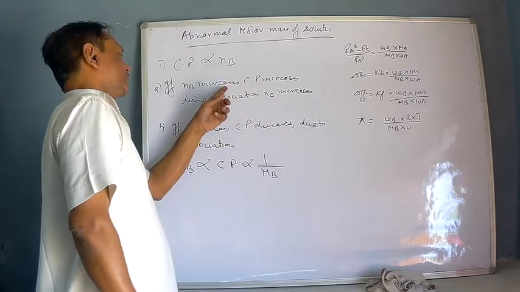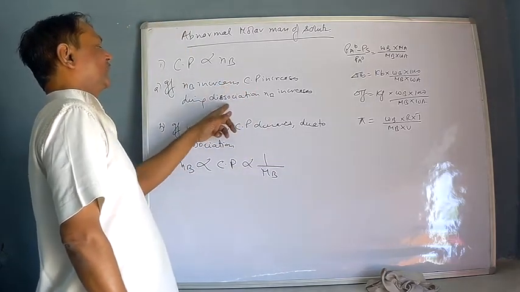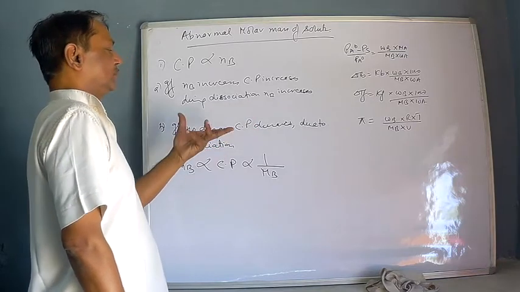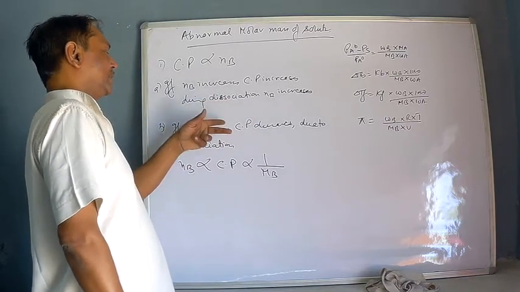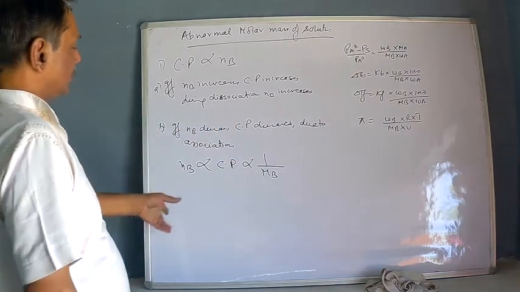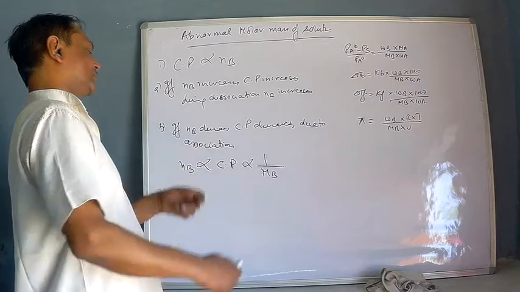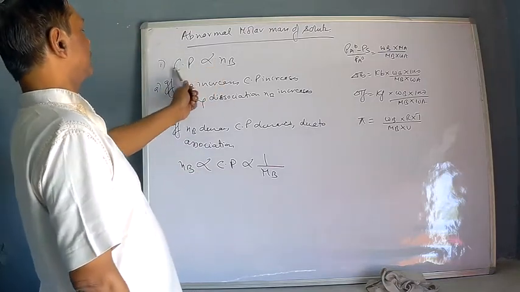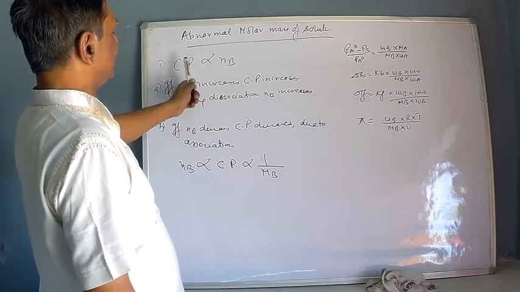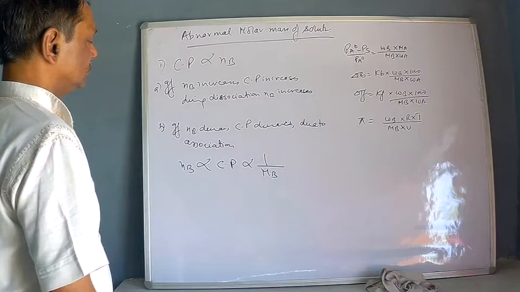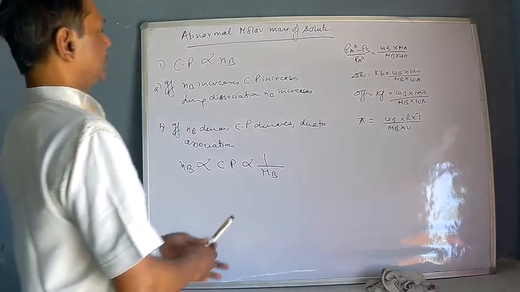But why does it increase? During dissociation, we find number of moles increases. And during association, we find number of moles decreases. How they increase and how they decrease, we'll be taking up in the next lecture. But now, let us first find out what is going to happen to molar mass of solute. Number of moles of solute particles is directly proportional to colligative properties, and colligative properties are in turn inversely proportional to molar mass of solute. How? You see it.